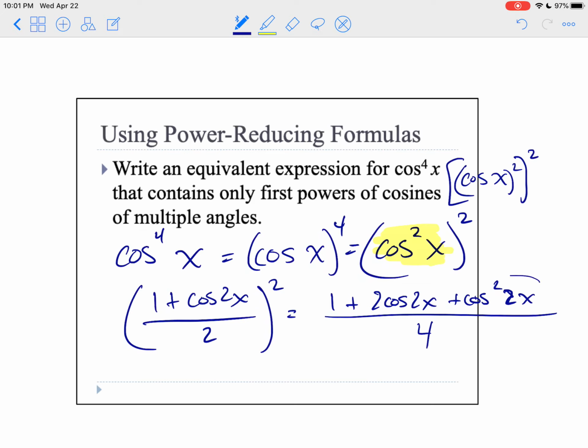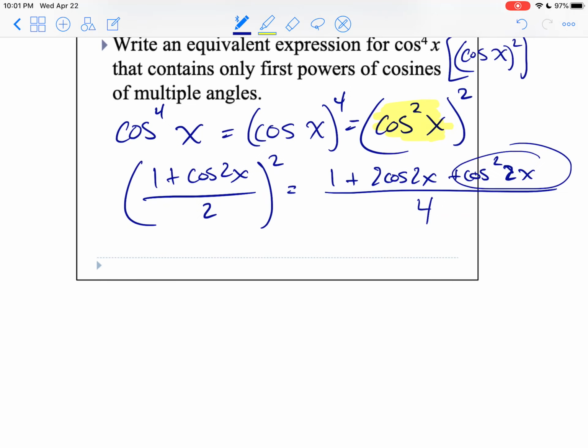Then here I have the power reducing formula that I can use a second time. So that cosine squared of 2x, we have the 1/4 out in front.